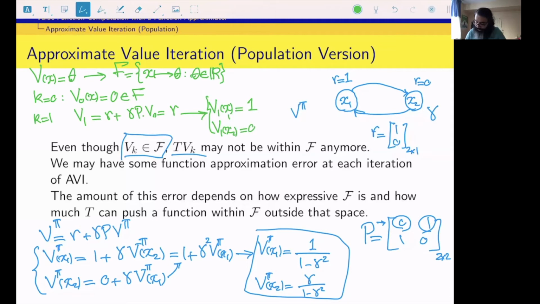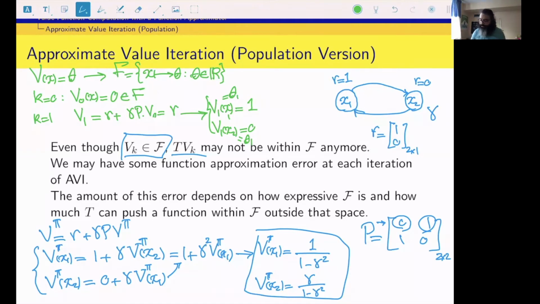But V1 at x1 is equal to theta, so theta 1, and V1 at x2 is also theta 1. So do you see the problem? Theta 1 should be 1, but the second equation says that theta 1 should be 0. So which one do we have to find? We have to compromise. We have to find a theta that minimizes that distance.